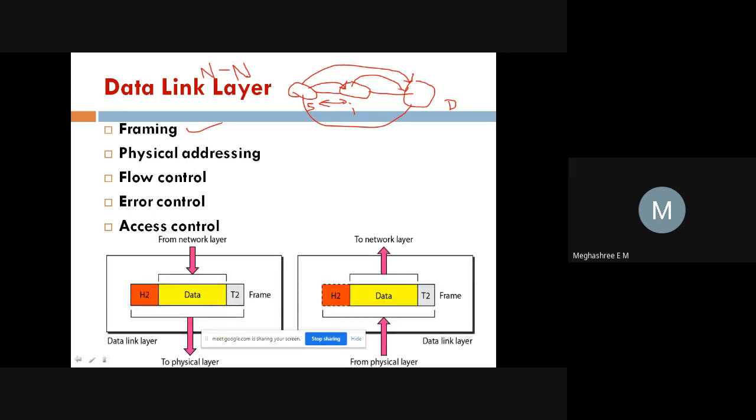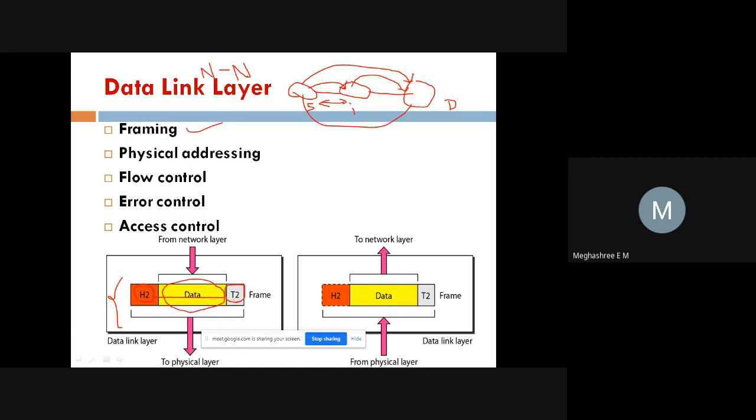As you can see in this diagram, the data is received from the network layer. For this, additional data is added, that is header and trailer here. These two pieces of additional information are added to the data received from the network layer, and together we call it framing.